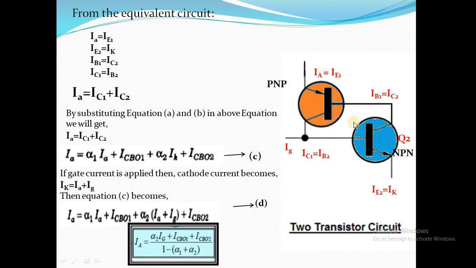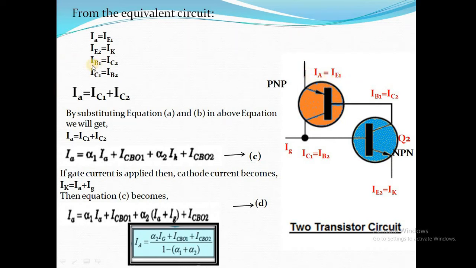From the equivalent circuit we have the current relations. IA is equal to IE1. Next, IE2 is equal to IK, because the cathode current is the same as the emitter current of the second transistor, and the anode current is the same as the emitter current of the first transistor.